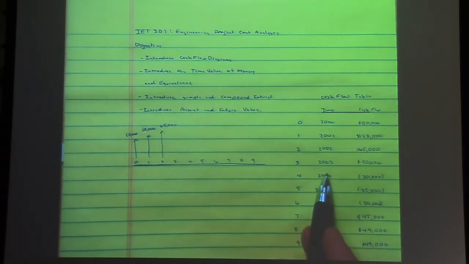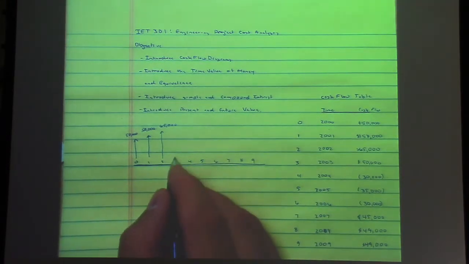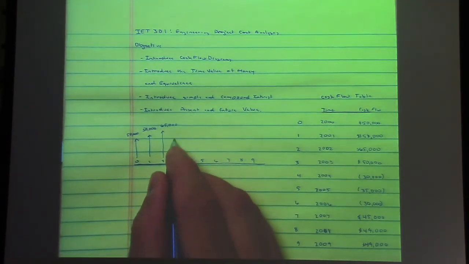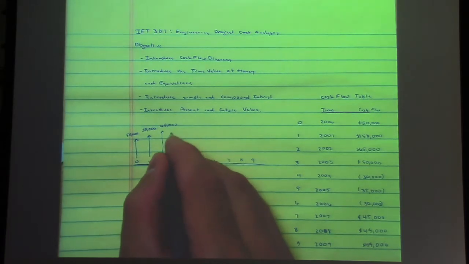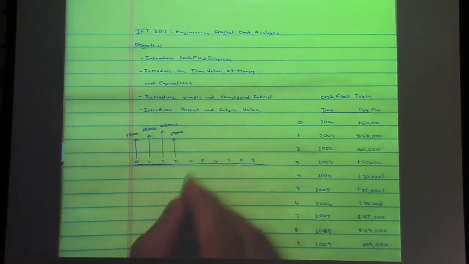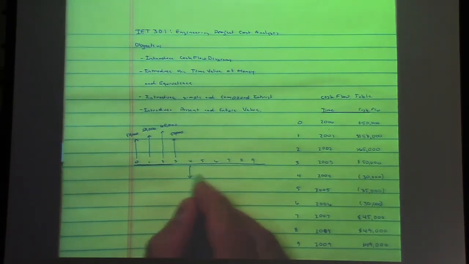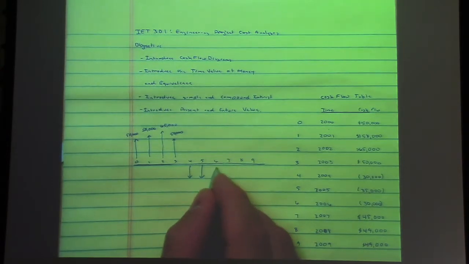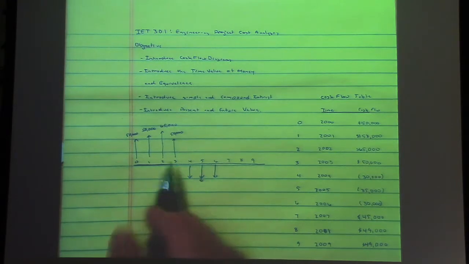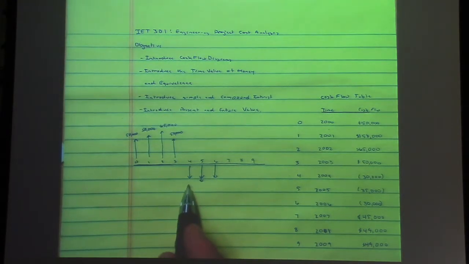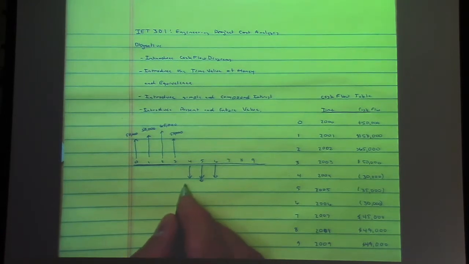And then in year 3, we are again at 50,000, and then we have several negative years. In this case, I'm not doing a real good job of approximating these because we know 30,000 should extend down into here. That would be much more accurately plotted if you were using a software application of some sort.